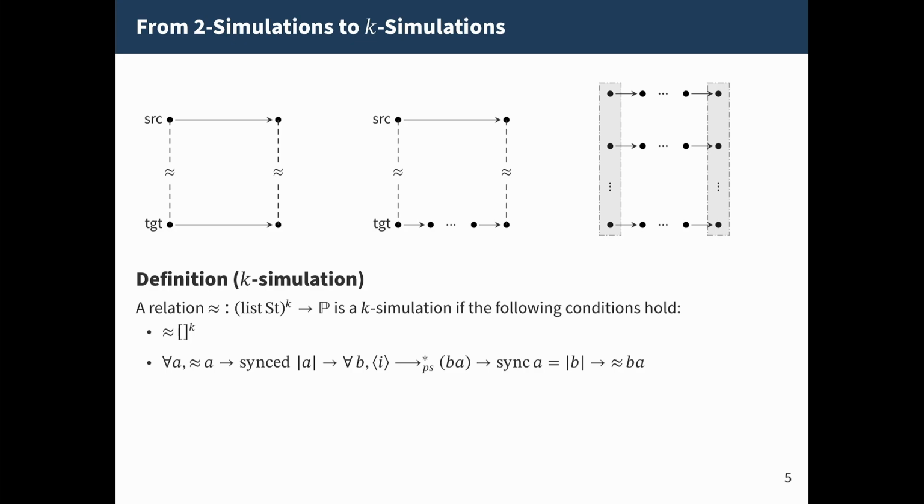And then we are going some steps on the source, which are defined again by the synchronizer. So the amount of steps we are going on every trace are defined by that. Then we know, okay, we are still related in the state where we are heading to. So this is basically the definition of our k-simulation.